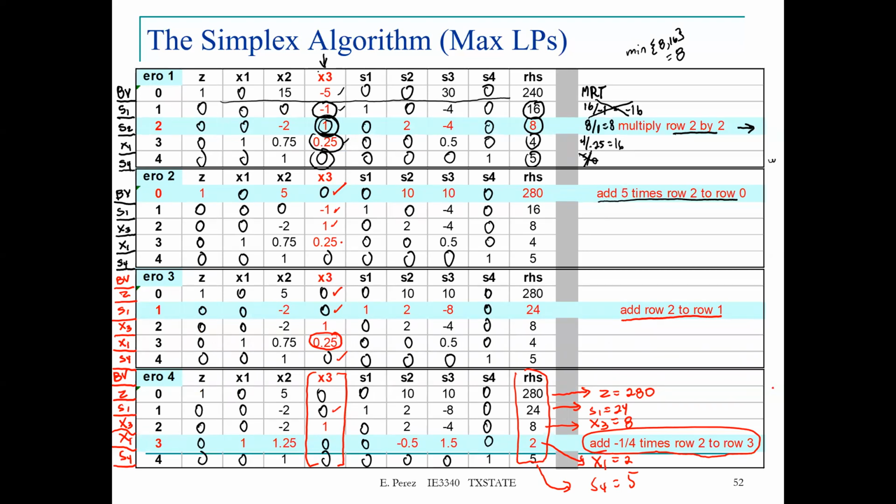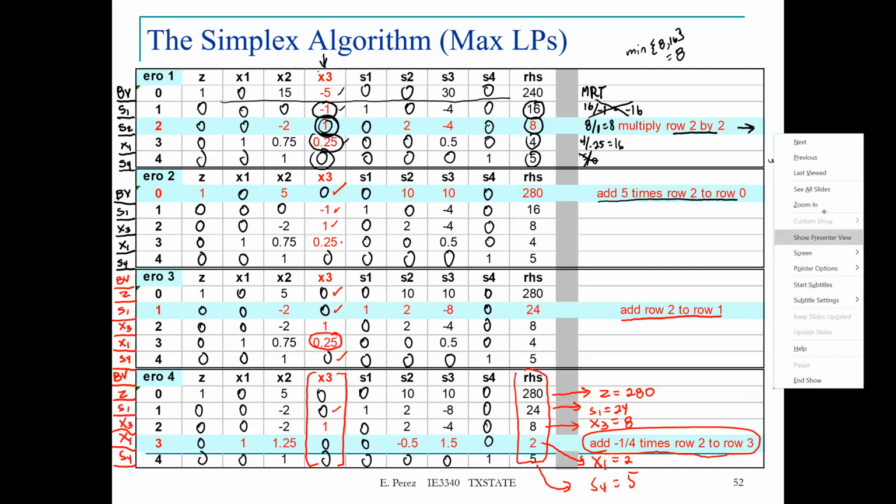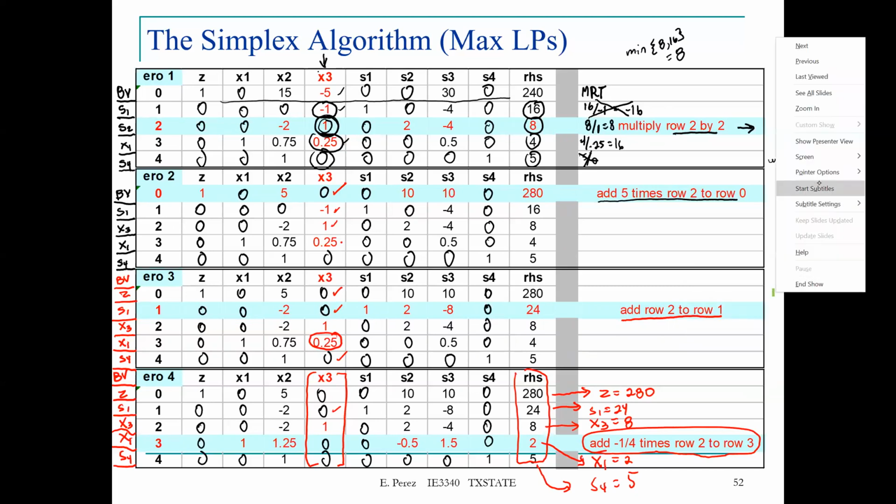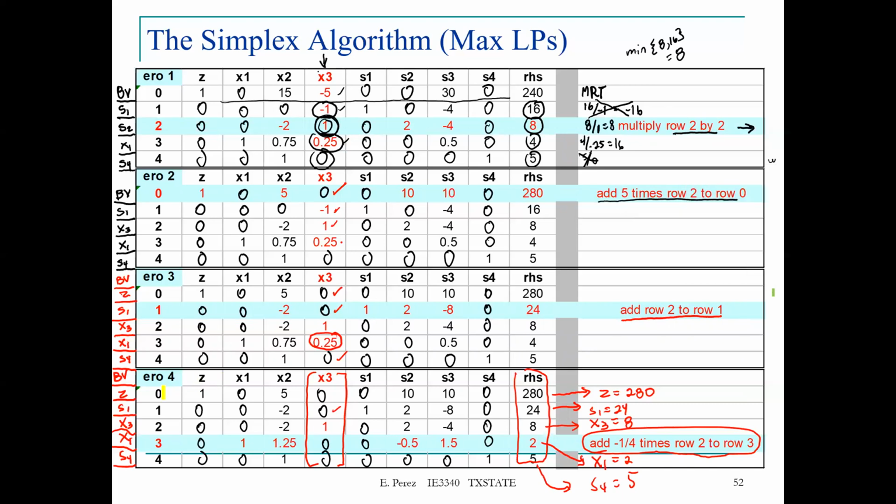Now, how do we know if we found an optimal solution? We have to look at row 0. So this is row 0.